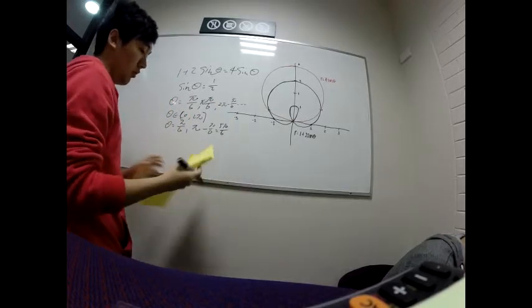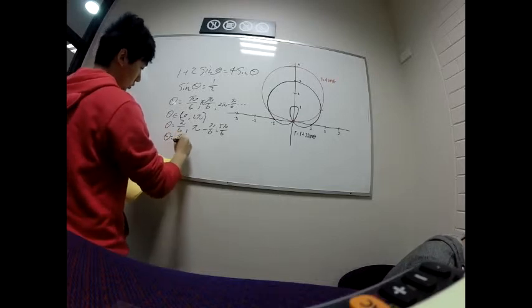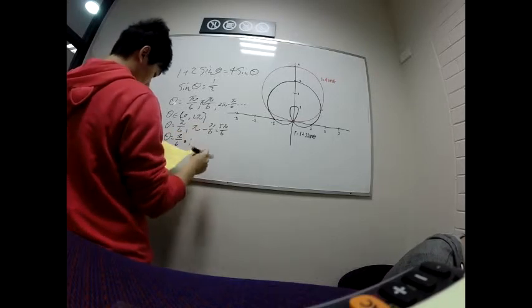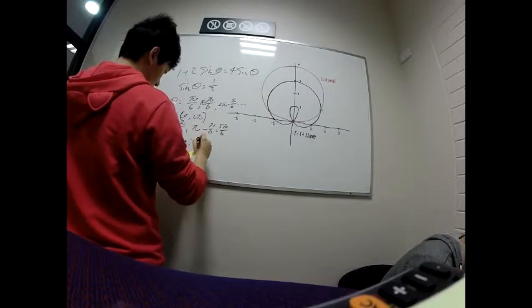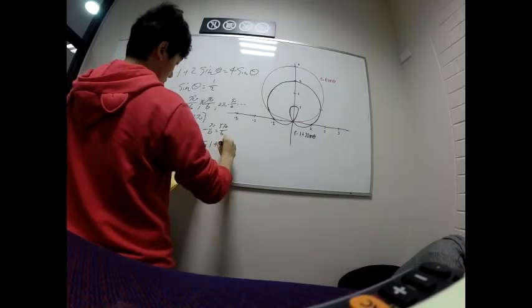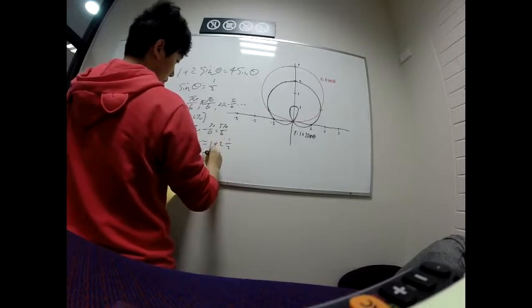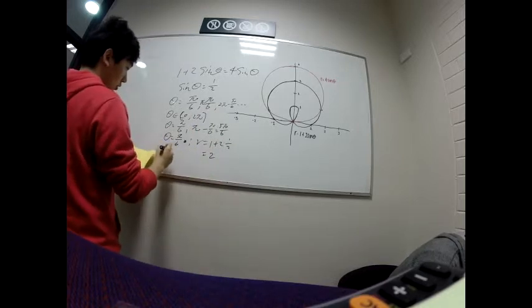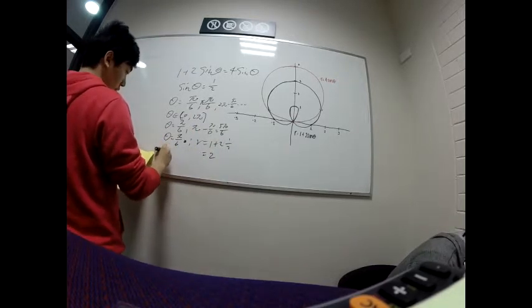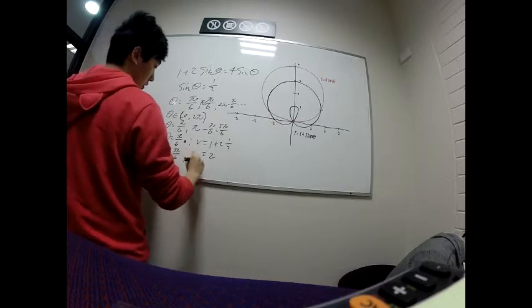When theta equals pi on 6, we have r equals 1 plus 2 times 1 on 2, so that will give us 2. Also for 5 pi on 6, we also get r equals 2.